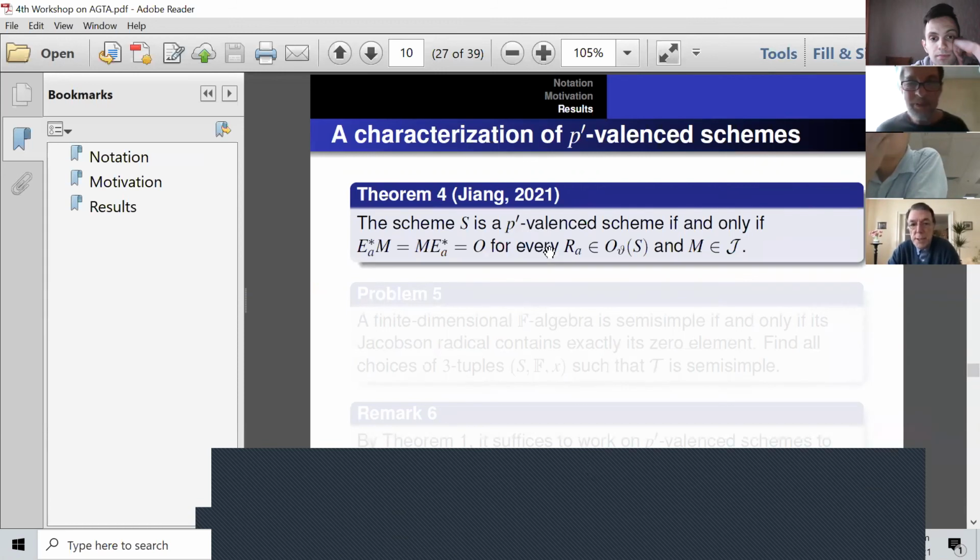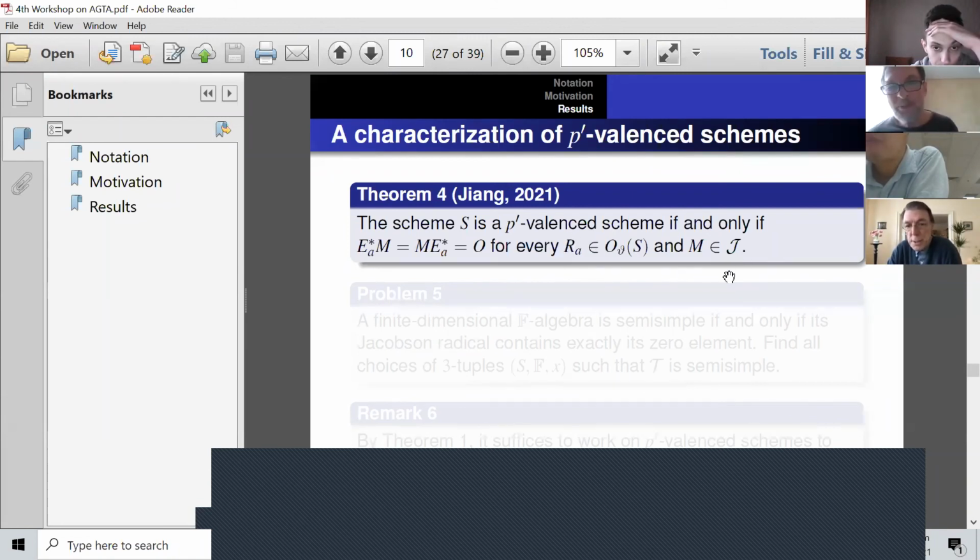I just wanted to check what the equation says if S is thin itself. It says that for every element in S, you have that ME star equals 0. Is that trivial? It says that for every RA in the thin radical, and for any M belonging to G, I consider the multiplication of the two matrices.